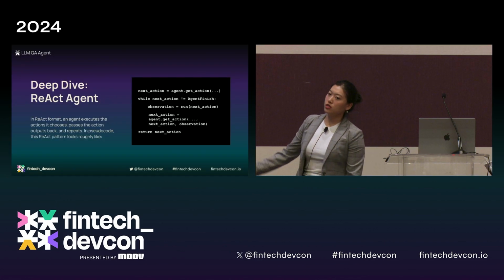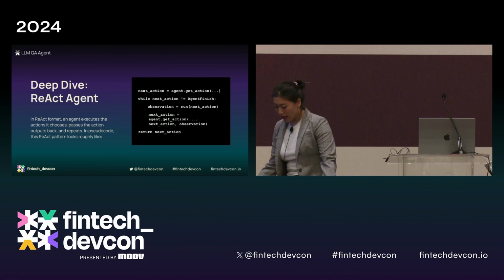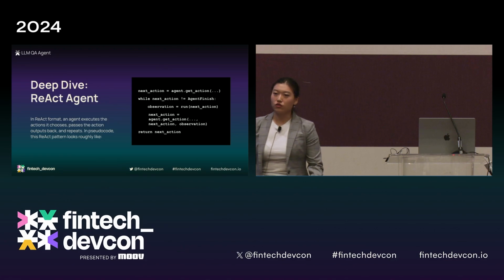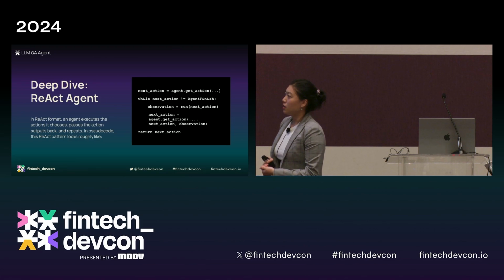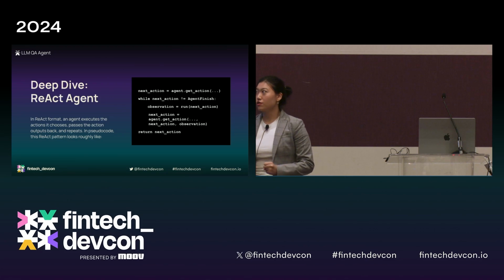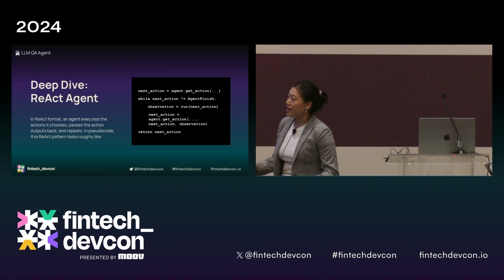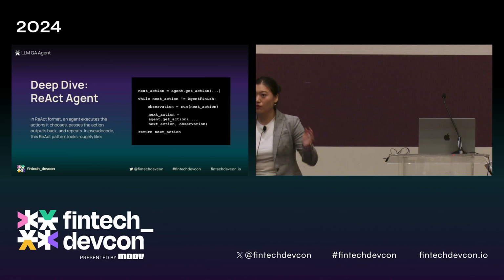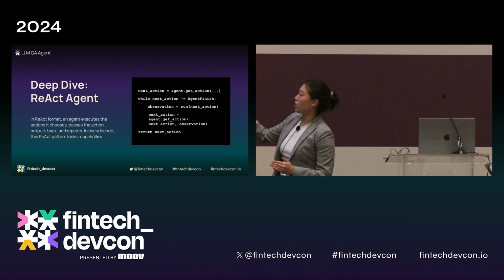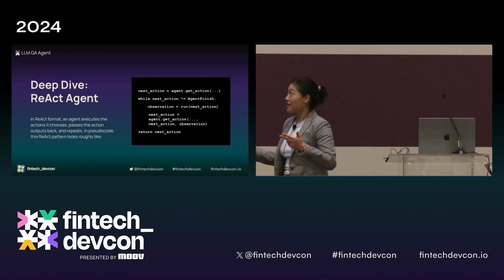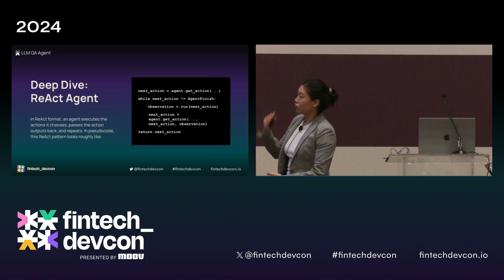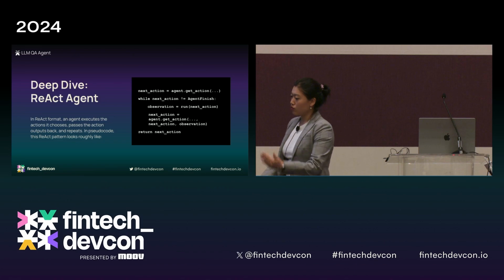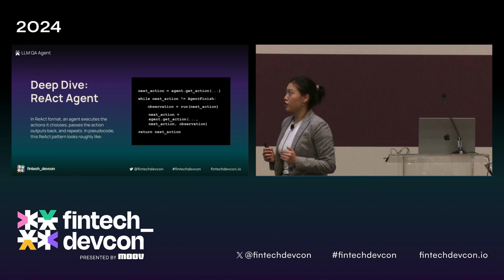So what is a ReAct agent? ReAct is actually a prompting format. In that format, an agent executes actions. It chooses an action, passes the action output back, and then repeats. In the pseudocode, the agent thinks, and then gets an action from its thinking. After running or executing that action, the agent will receive an observation back.